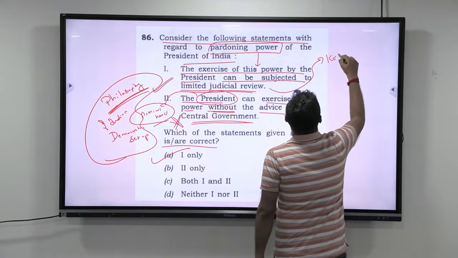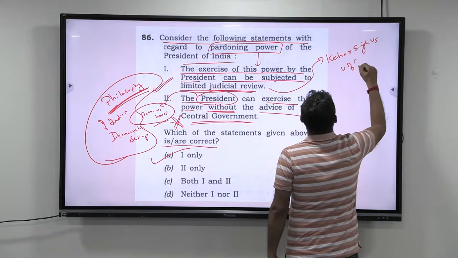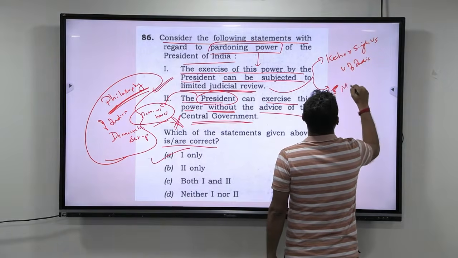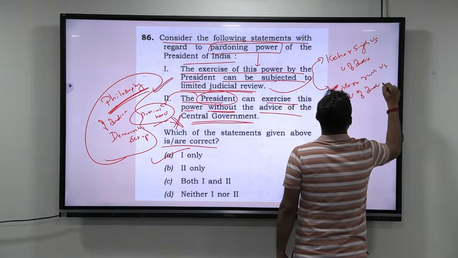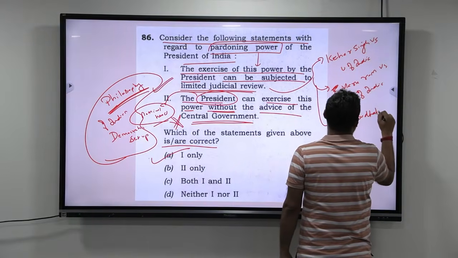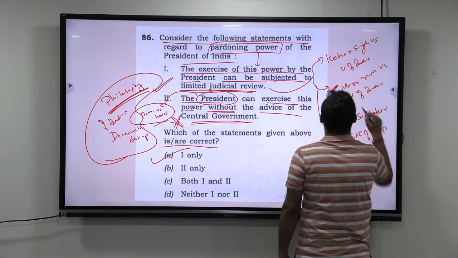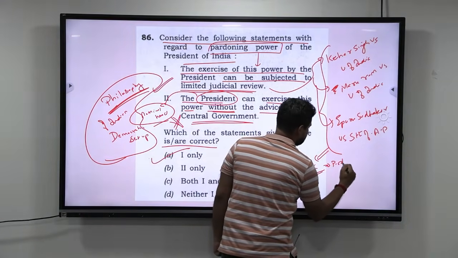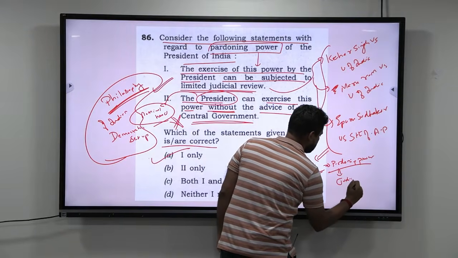You have the Kehar Singh versus Union of India case, the Maru Ram versus Union of India case, and then Epuru Sudhakar versus the State of Andhra Pradesh. In all these three cases, the Supreme Court says that the pardoning power is subjected to judicial review.